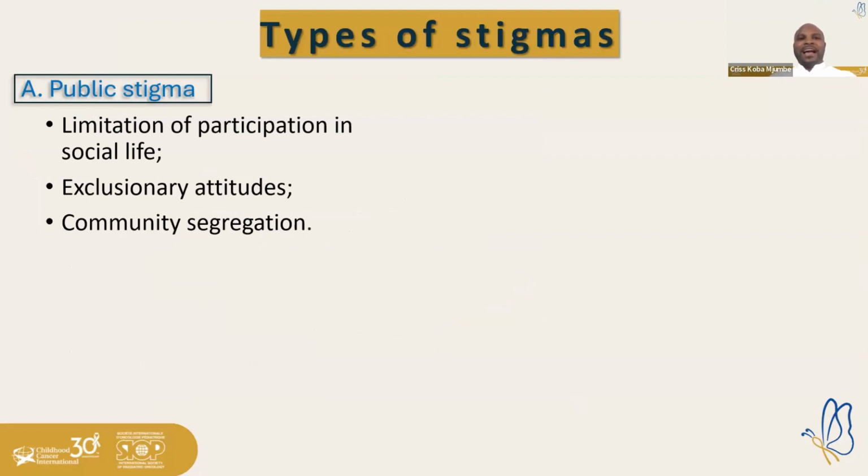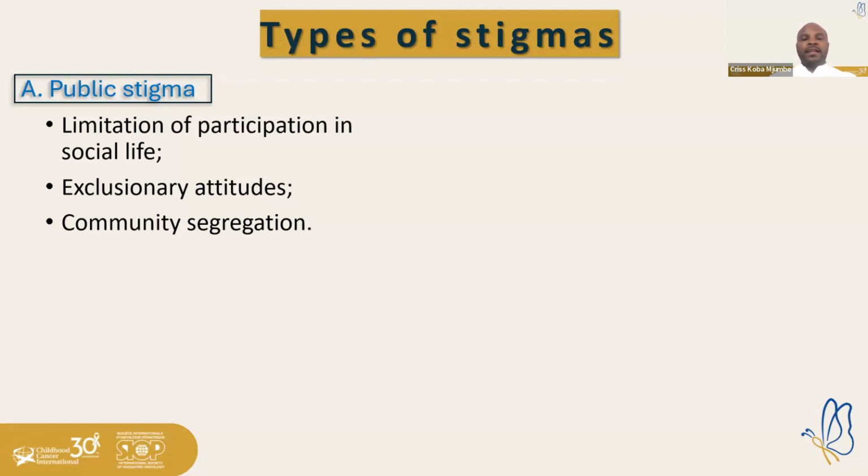I say we found different types of stigma in our field. The first one is public stigma. We found a limitation of participation in social life, exclusionary attitudes, and community segregation.